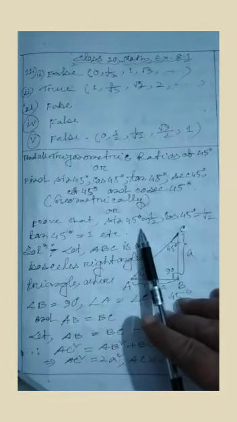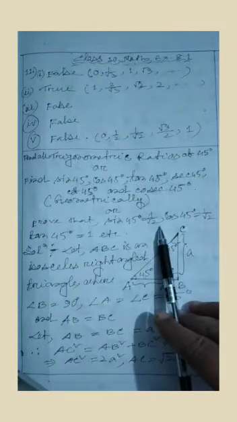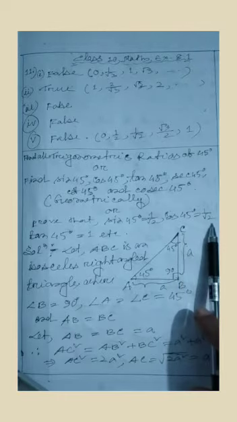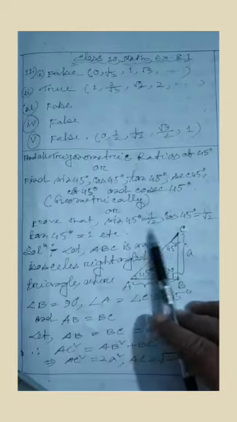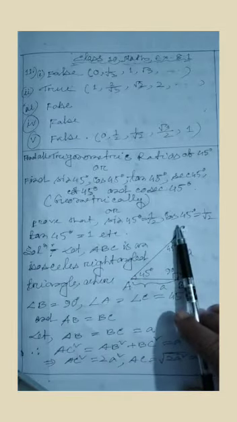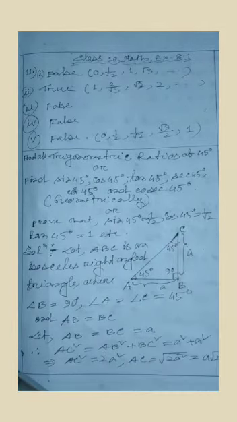Or prove that sin 45 equal 1 by root 2, cos 45 equal 1 by root 2, tan 45 equal 1, etc. So how can you find the values at 45 degree geometrically? Now we are going to find sin 45, cos 45, tan 45, sec 45, cot 45, cosec 45.